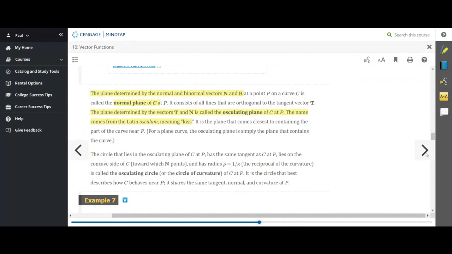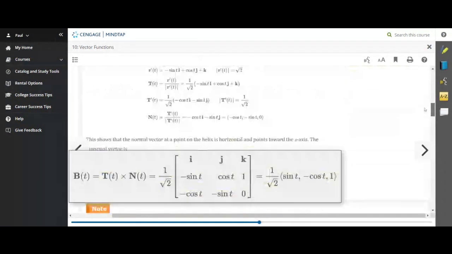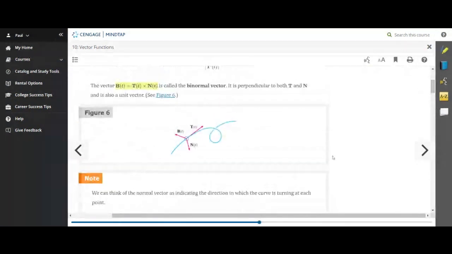So if I go back to the picture, figure 6, think of the unit normal and the unit tangent vector. Think of the plane that's formed by that. Wouldn't the plane be like tangent to the space curve at a point?